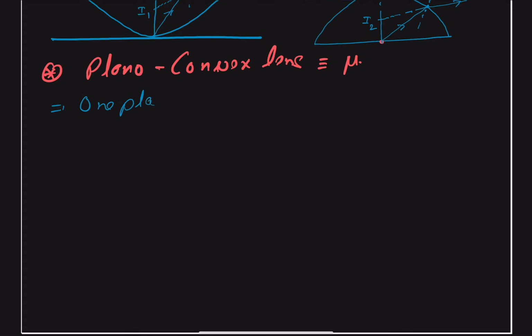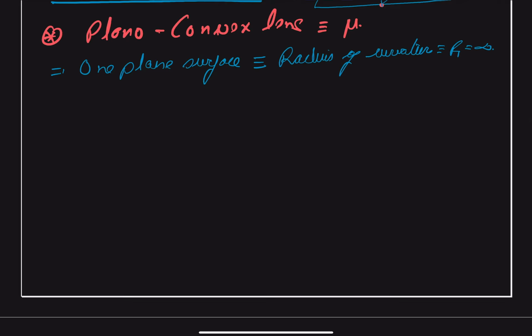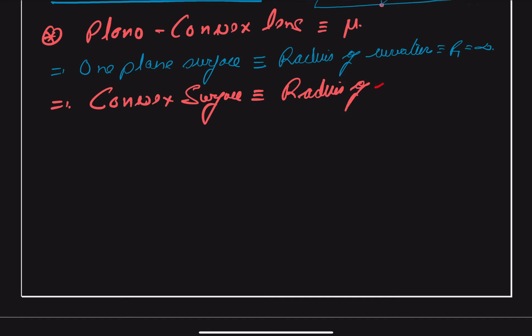Because of this, the radius of curvature, that is our R1, should be equal to infinity, and the other is our convex surface, and the radius of curvature is our R. The sign we can decide later on based on the orientation.